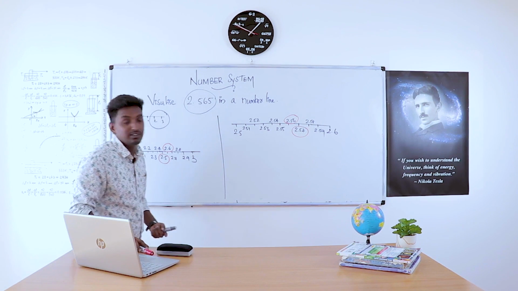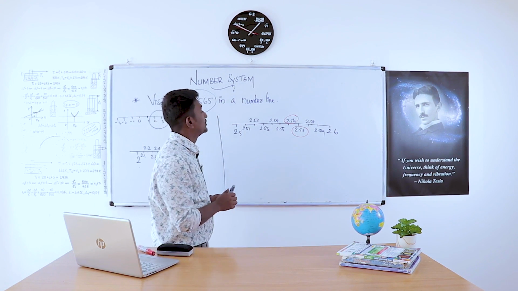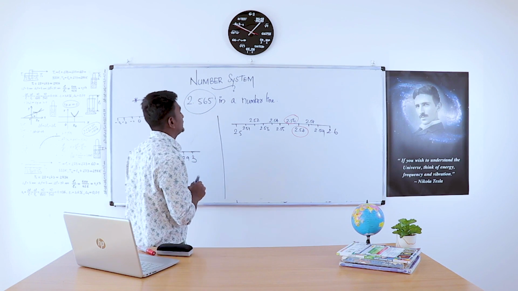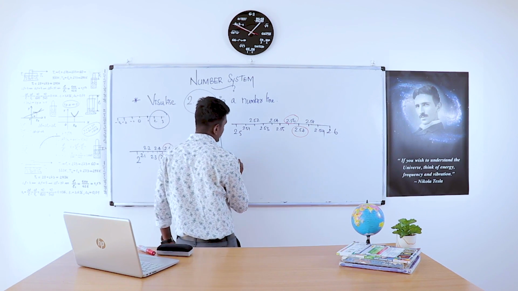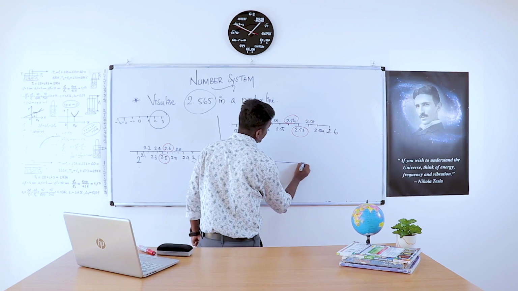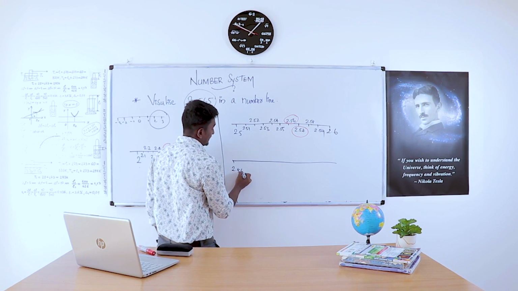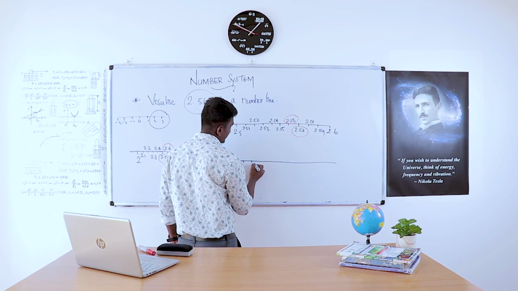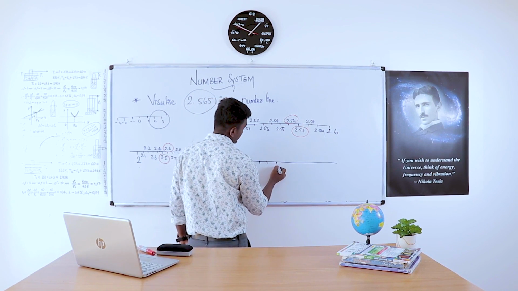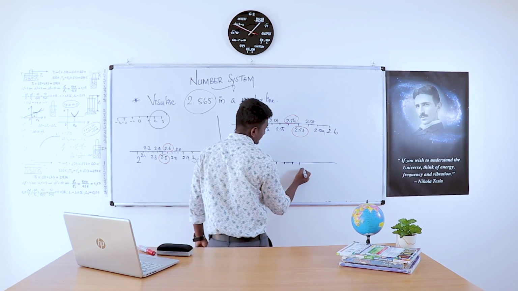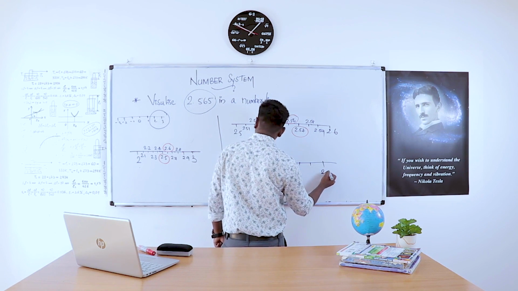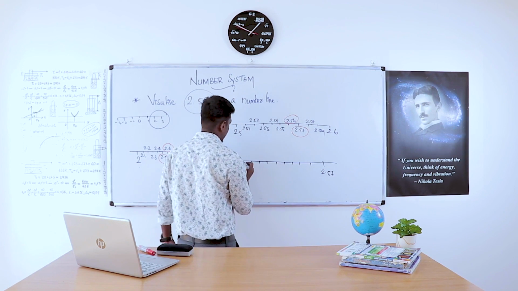So again we want to zoom in on the positions of 2.56 and 2.57. Here it is 2.56, and here it is 2.57.